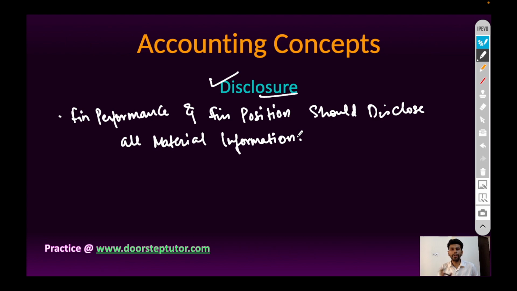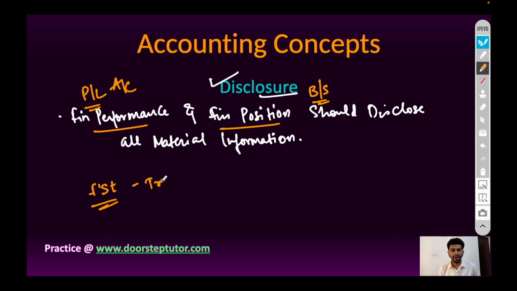It is contrary to the full disclosure principle. Here, financial performance is reflected in the profit and loss account, and financial position is reflected in the balance sheet. Collectively, it is called the financial statement.